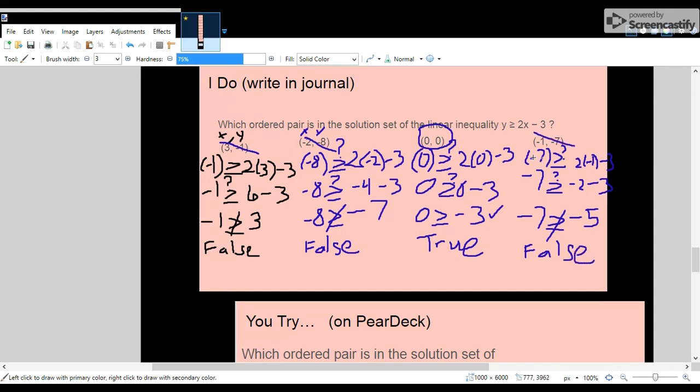So that coordinate point is not a solution set. So our only solution set to this inequality is this third choice, 0, 0.